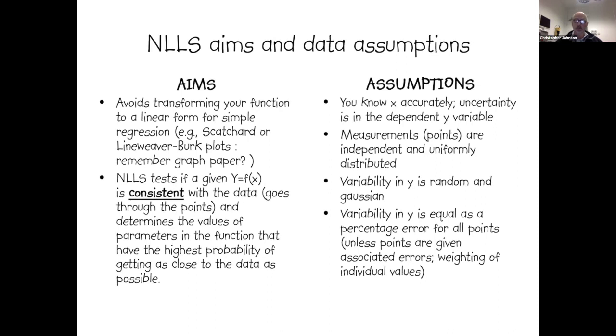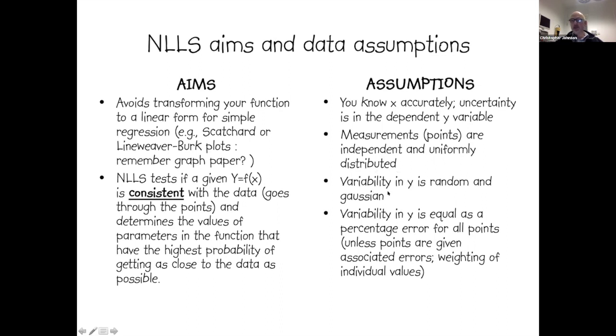If we're varying the concentration of a ligand, we should really know that concentration very accurately when we've made our dilution series and the concentration of the stock. The only uncertainty in our data is in the dependent Y variable. The measurement points should be independent. Each measurement should be independent, which isn't the case if you do serial dilution. They should be uniformly distributed on the x-axis.